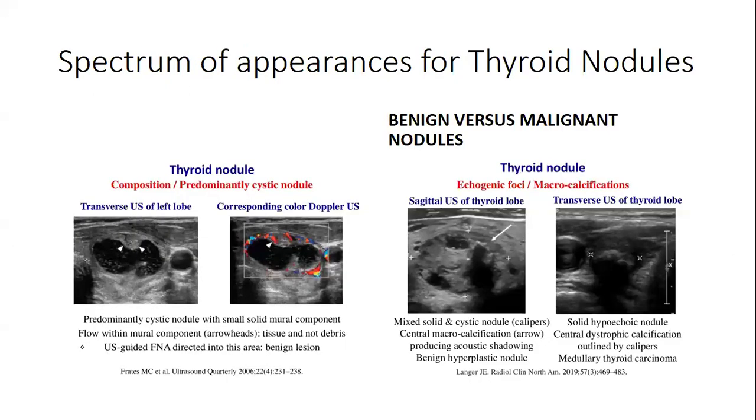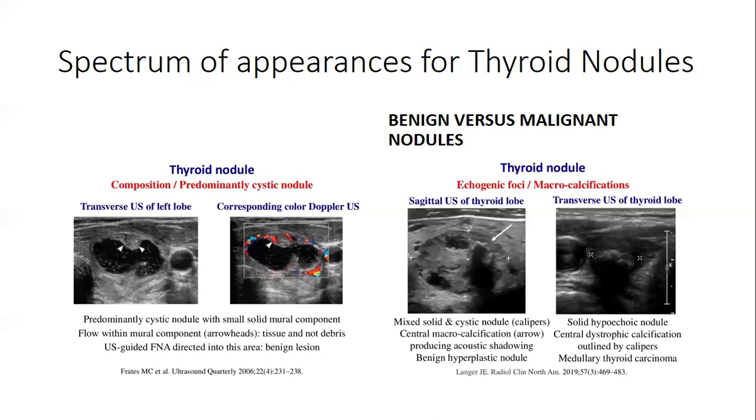So the spectrum of appearances for the thyroid nodules is what I was trying to highlight here. When you look at the first aspect on this slide, you'll see that in this image they are predominantly cystic nodules with small solid components, but there is only peripheral perfusion.